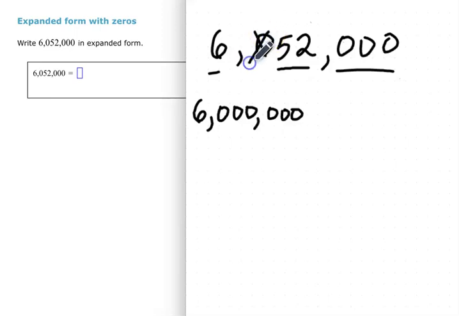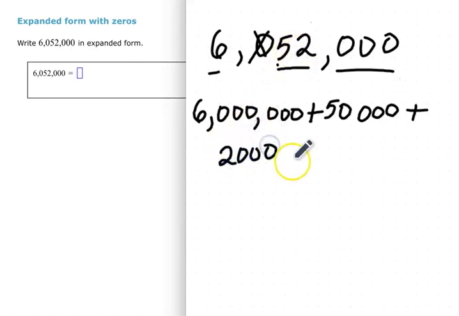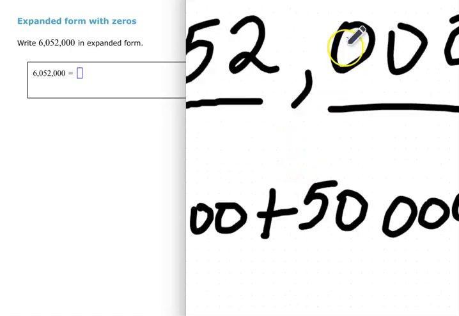Don't have any 100,000s. I have a 5 in the 10,000 spot, so we call it a 50,000. Okay, and then I'm going to add a 2 in the 1,000 spot, so I have 2,000. And notice here, I don't have any hundreds.